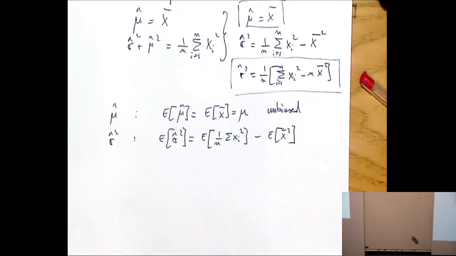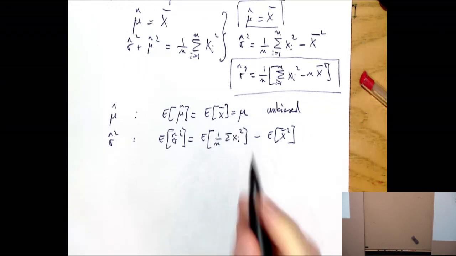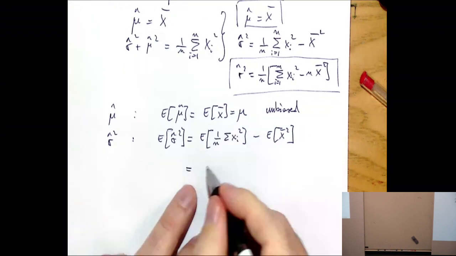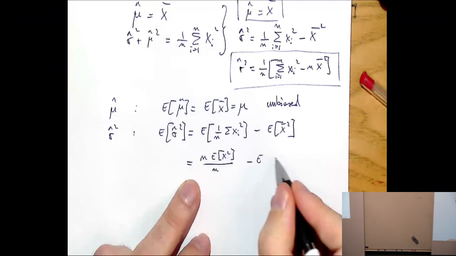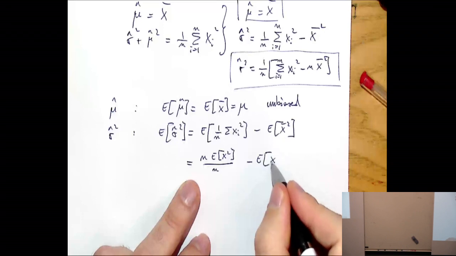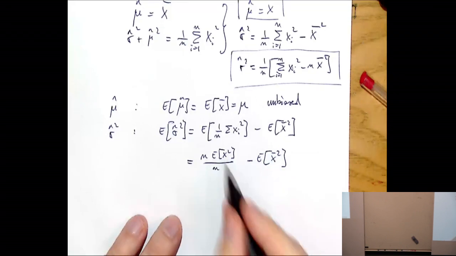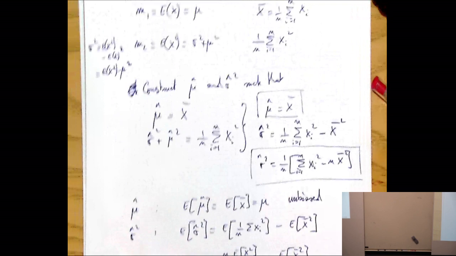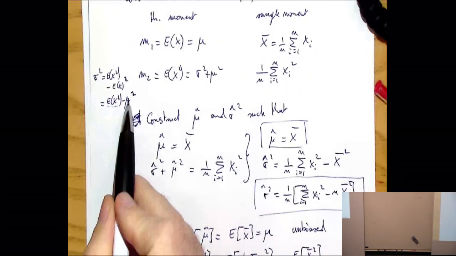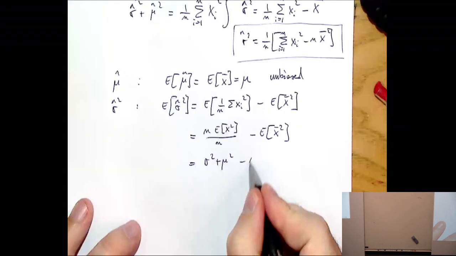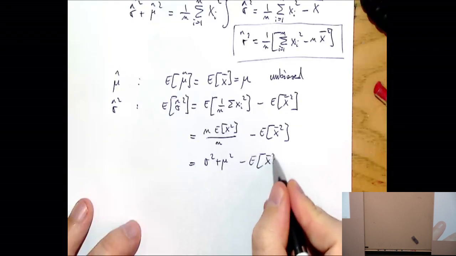And so what we note here, this will be essentially n times expectation of x square divided by n, minus expectation of the square of the sample mean. Expectation of x square is what we have here, right? So that's sigma square plus mu square, minus the expectation of the square of the sample mean.